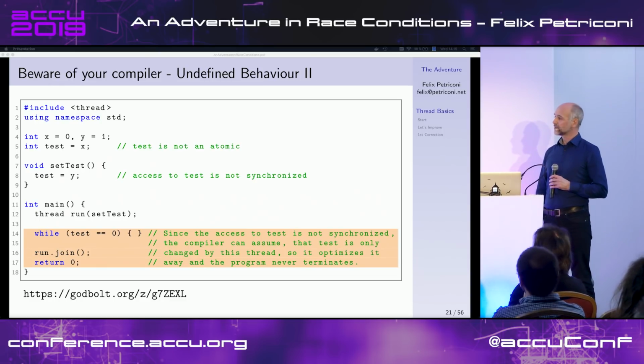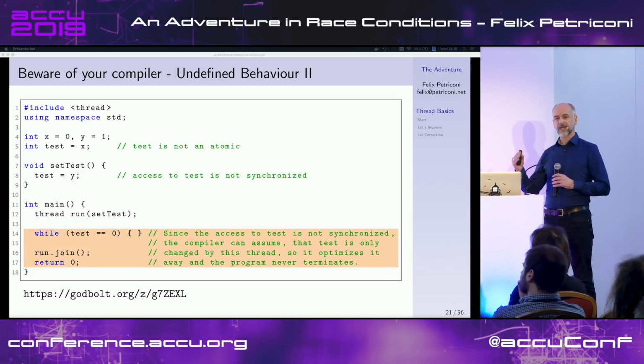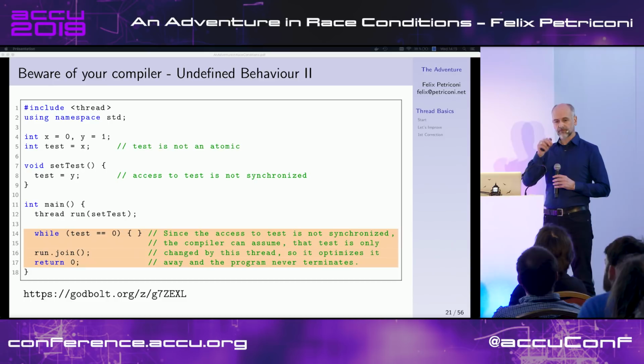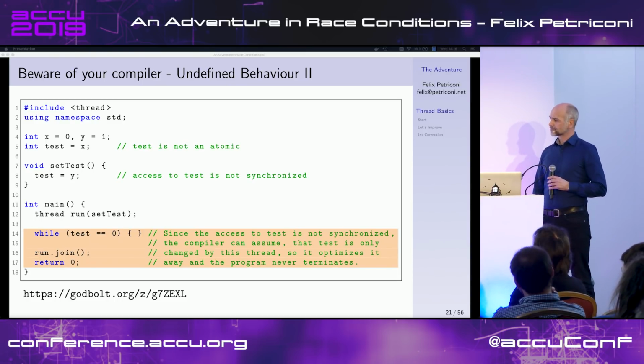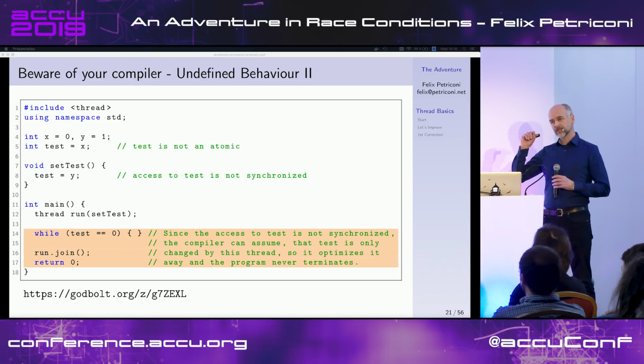So even if you think it's just an int, and of course the write to an int is one operation, the machine will not write one bit after the other. All 32 or 64 bits are written in one step. But even in this case, these accesses must be synchronized. That's very, very important.